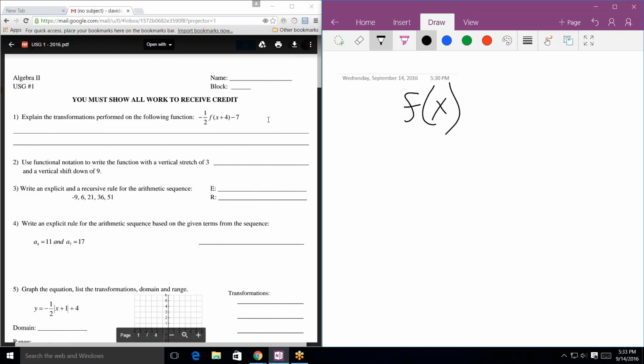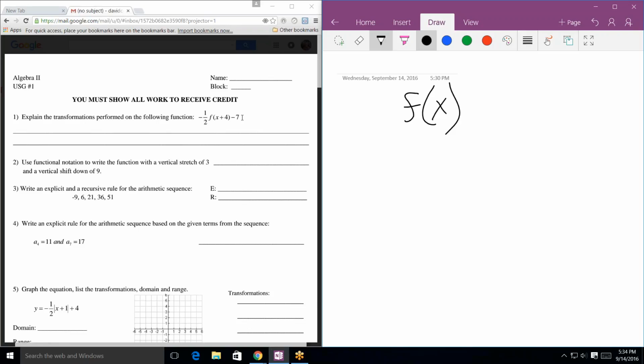Which one should you always do first? Reflections. In other words, it doesn't really matter the order that you do these, except if there are reflections involved. And then you always need to do those first. Okay? So I would tend to start from left to right here, and not from right to left.